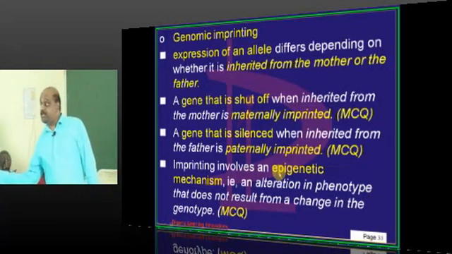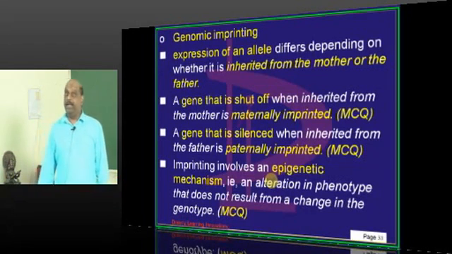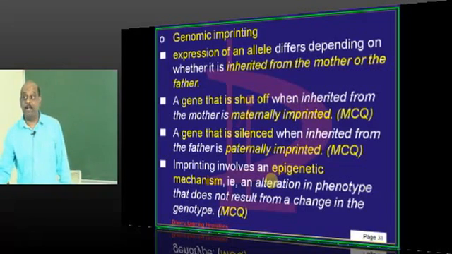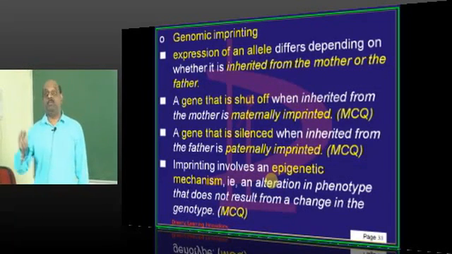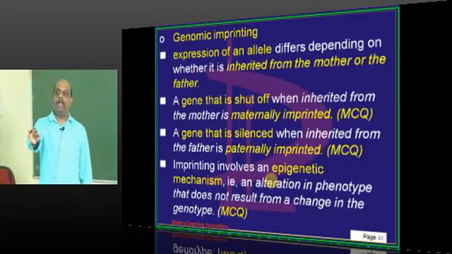Is it the adjacent gene that will tell it? Or does it get an SMS from God that, hey, it is the mother who brought you, not the father, so you should not be silent, you must fully express? Will God send an SMS? It is considered to be an epigenetic phenomenon.